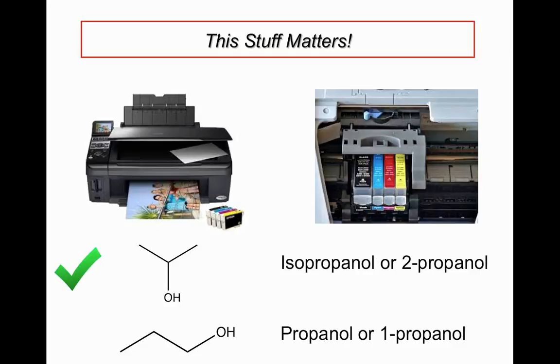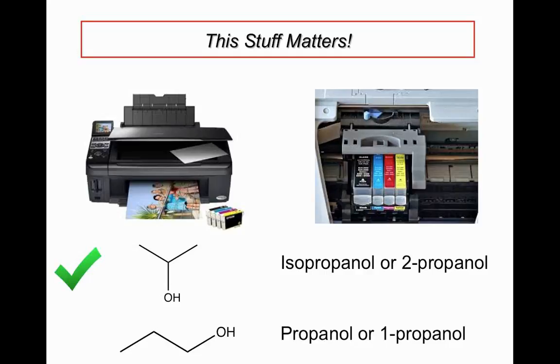Practically speaking, we care about the differences in structure in our daily lives as well. For example, the inkjet printers that so many of us have used are built with special inks that contain an alcohol solvent that is an isomer of propanol called isopropanol, indicated with the green check mark at the bottom of the slide. Note that propanol and isopropanol have the same molecular formula, but one compound is branching and the other one is not.